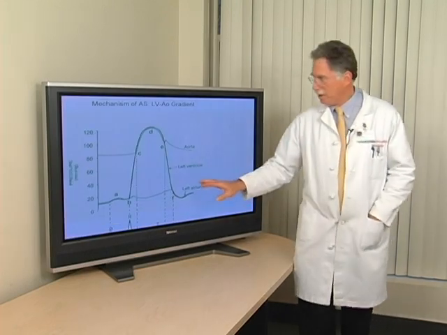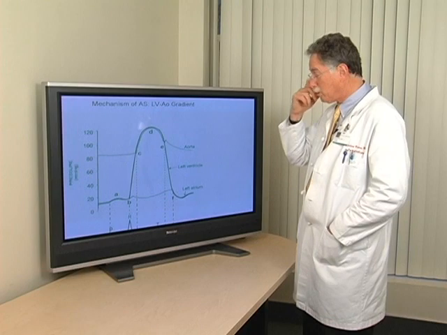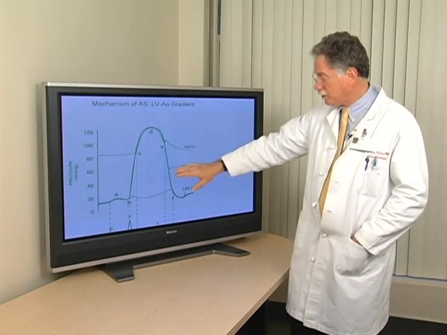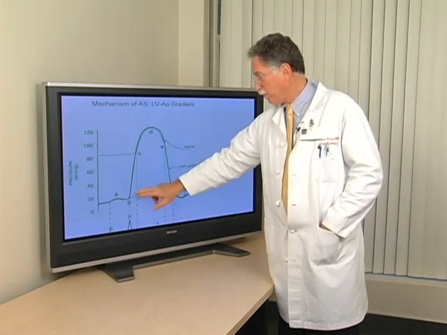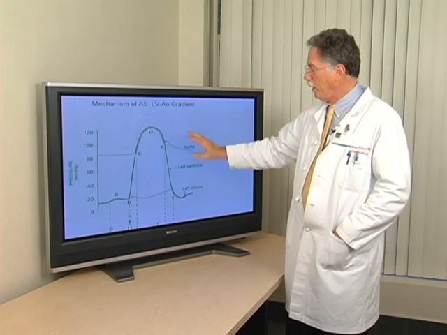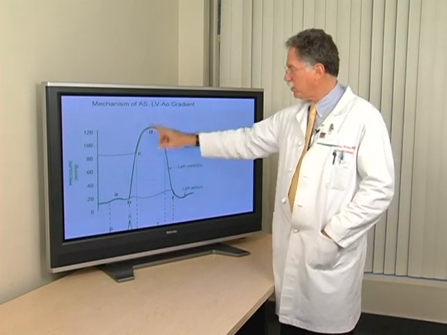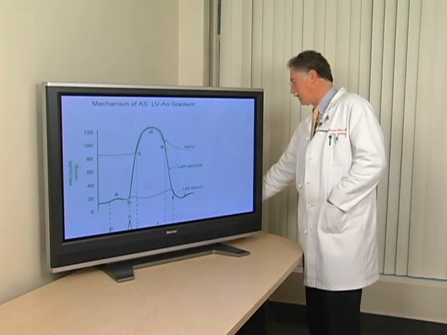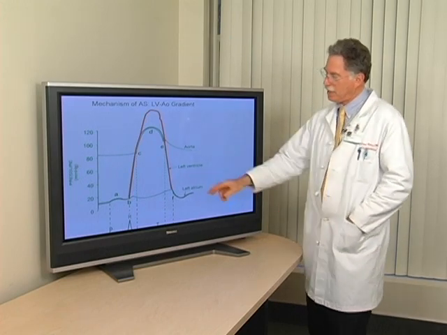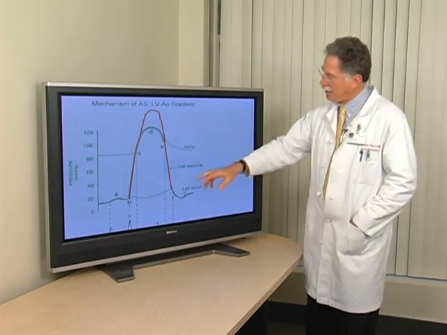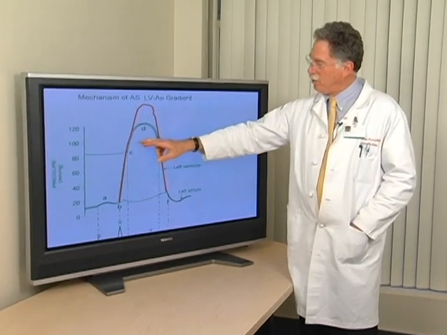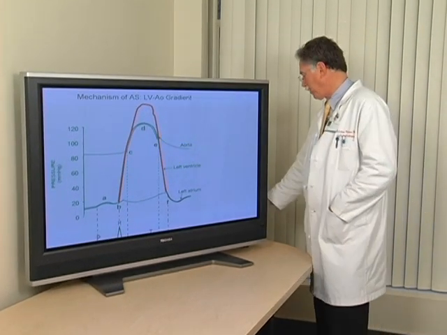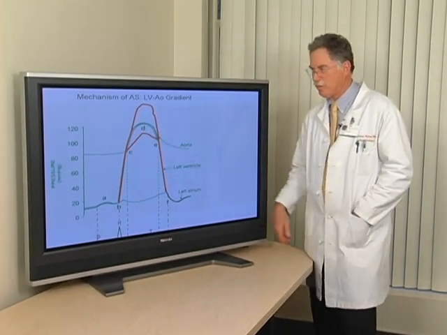Now, when we talk about the hemodynamics of aortic stenosis, I bring you back to the Wiggers diagram with a normal configuration. When the aortic valve is narrowed, left ventricular pressure has to increase markedly to push through the resistance of that aortic valve. And by having that aortic valve narrowed, aortic pressure has a different configuration and is not ejected at the same rate.